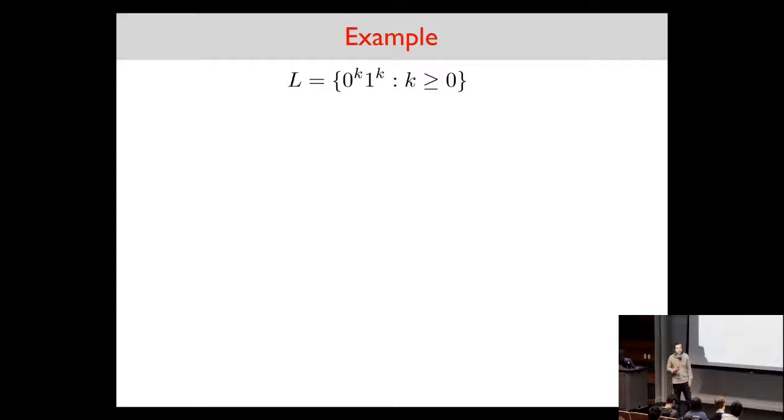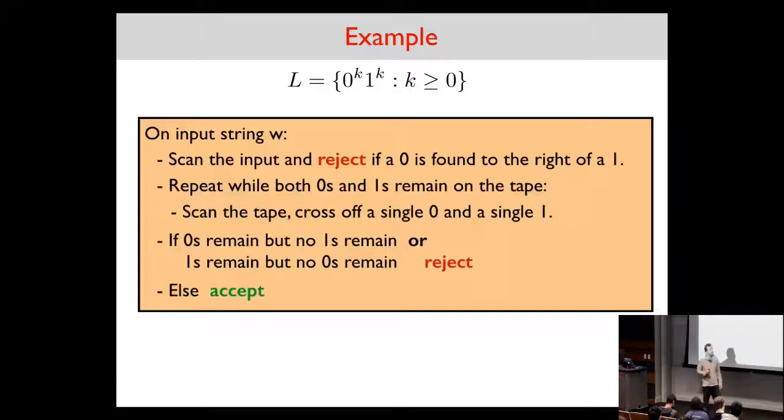So let's look at some examples. Our favorite language here, 0 to the k, 1 to the k. And we've seen an algorithm for this already. Scan the input and reject if there are any zeros found to the right of a 1. Okay, and then again, you scan the input, and for every 0, you cross off a 0, and then you cross off a corresponding 1, cross off a 0, cross off a corresponding 1, and so on.